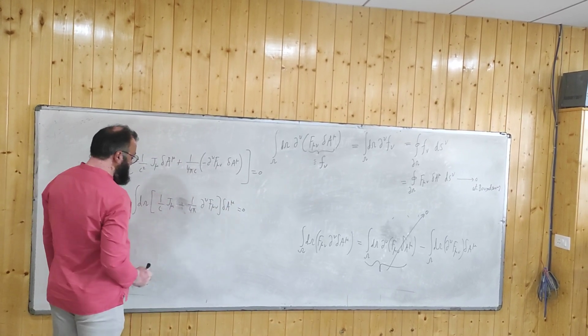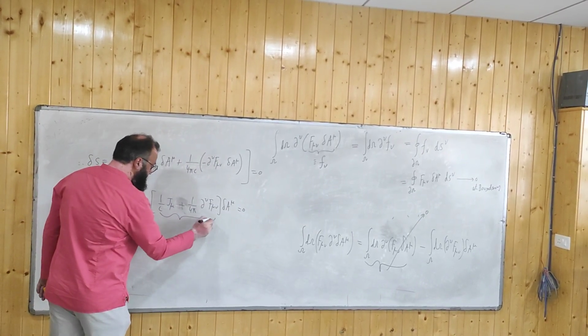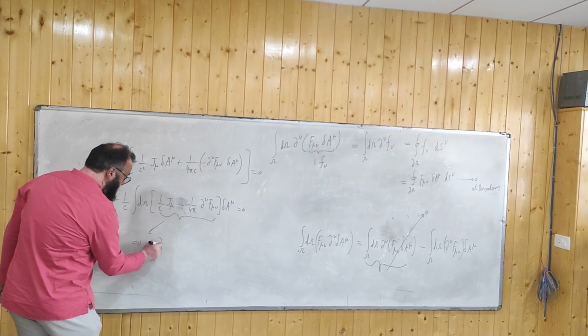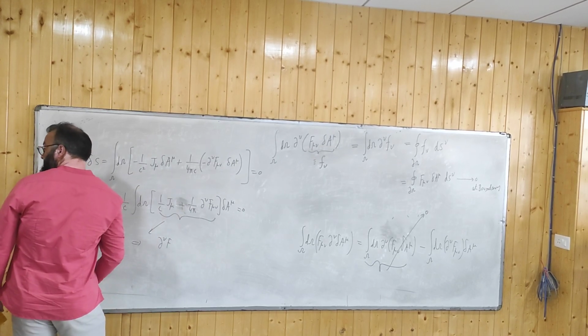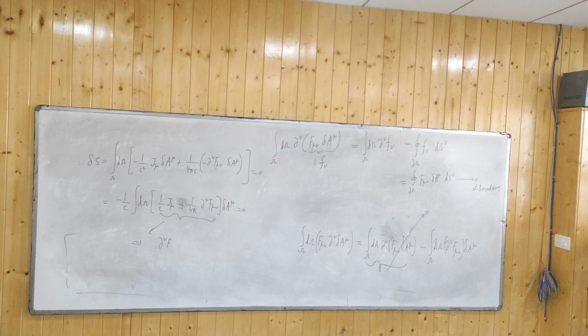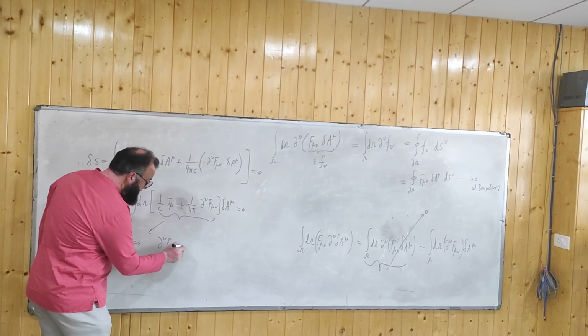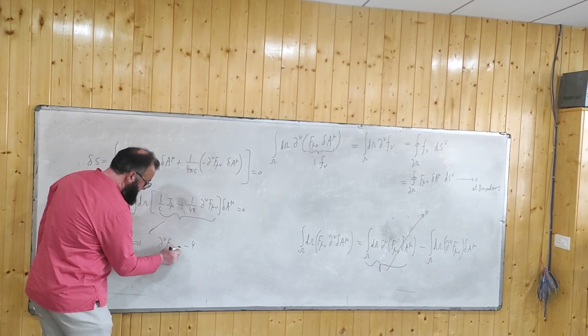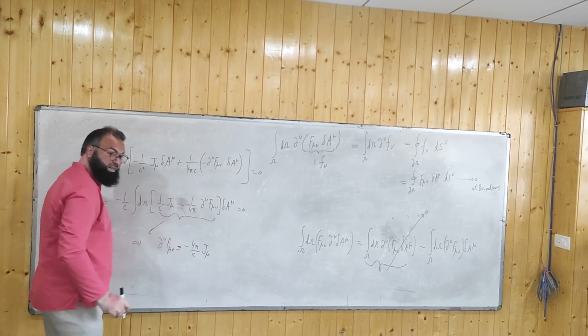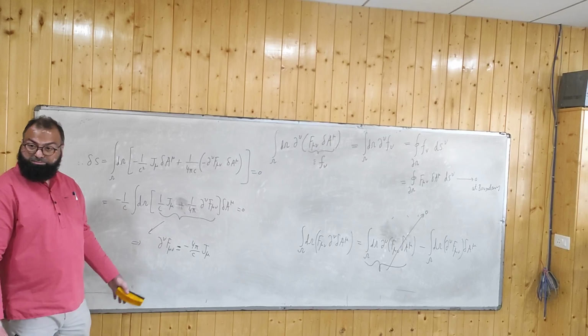This is equal to 0. So this very object is equal to 0. Clear? Is it true?